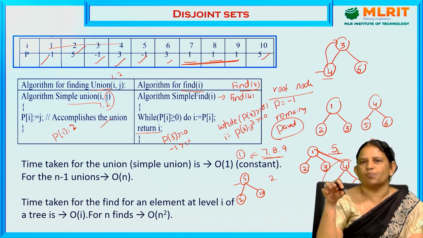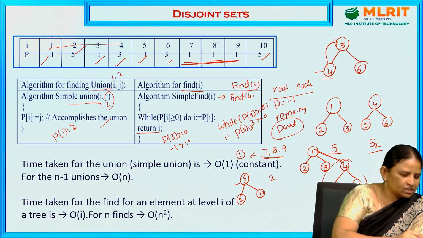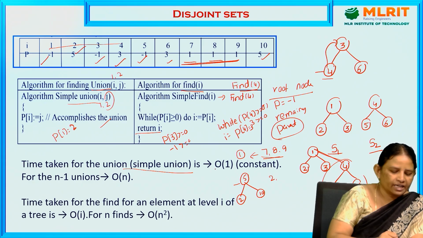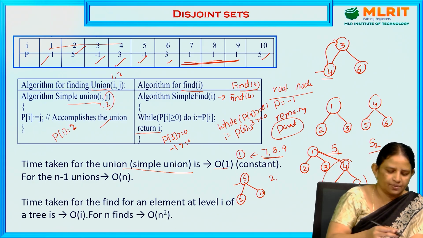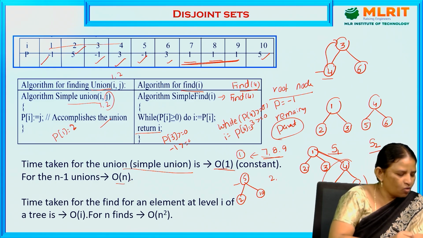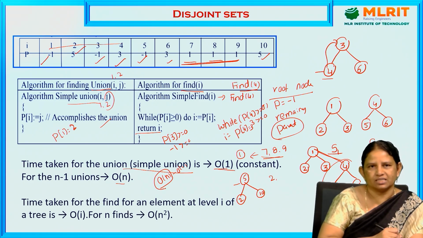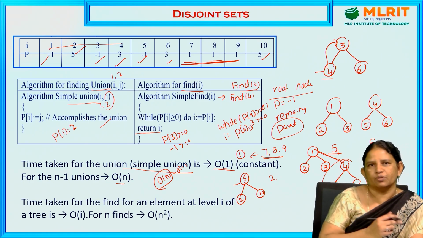But there are some problems in the case of simple find as well as union operation. Consider the simple union operation: for each step it takes big O of 1. So, if you perform n minus 1 unions, it takes big O of n, the time complexity for the simple union operation.